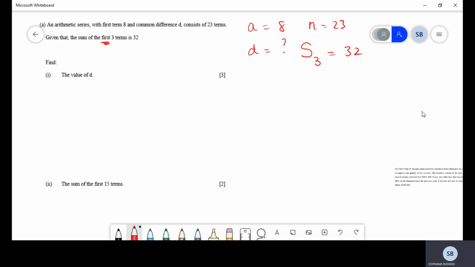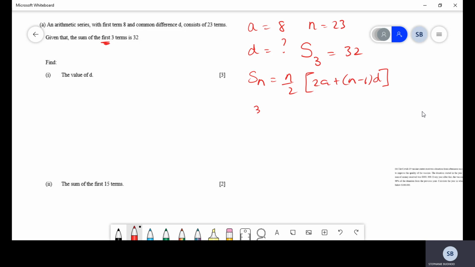Now, first of all, you can observe they gave us the sum, already having a value. So what you can do is expand using your formula. Remember, our formula goes like this: S_n is equal to n over 2 times (2a plus (n minus 1)d). And in order for them to have generated the value of 32, they would have used n as 3.